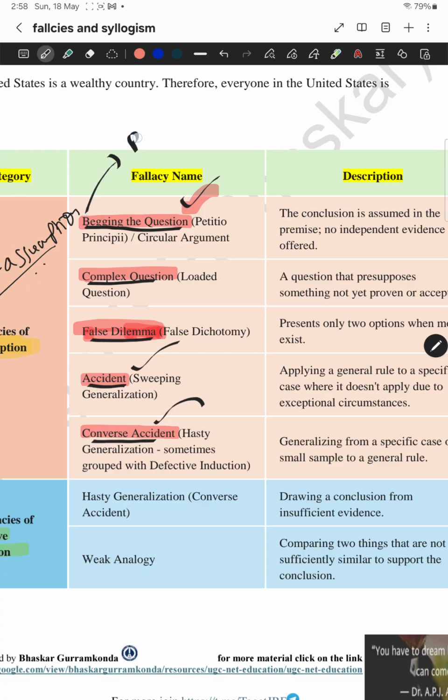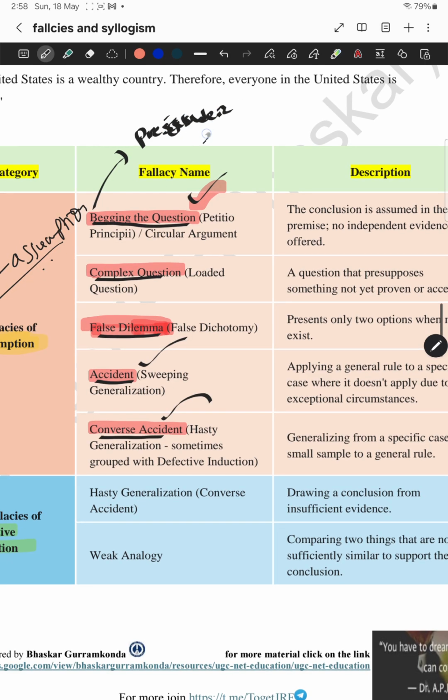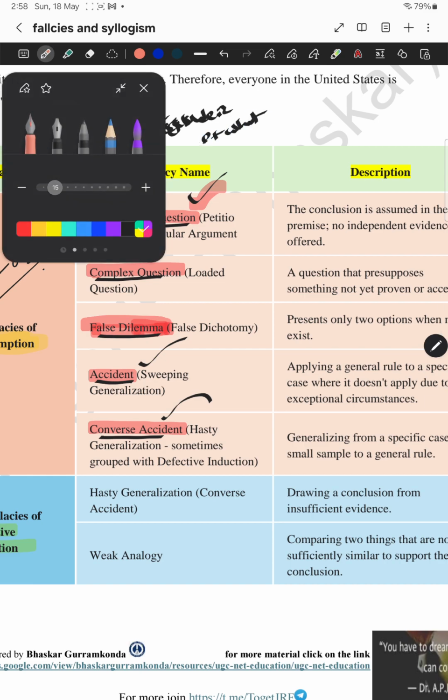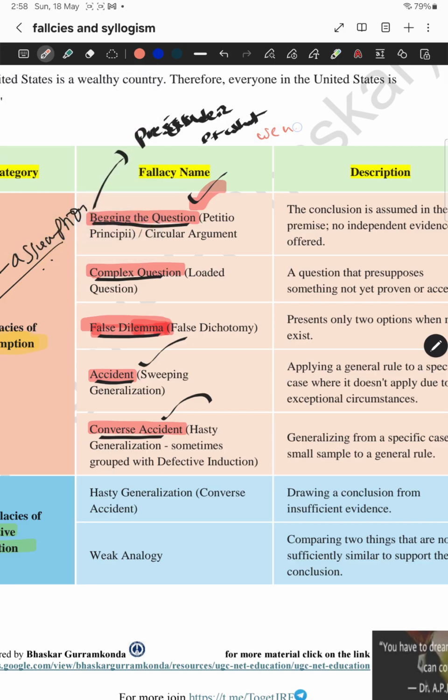In begging the question we have a prejudgment of what we need to prove, like Ram is good because he does good.